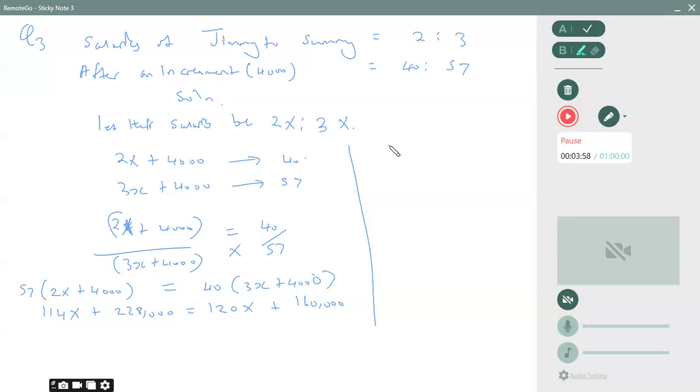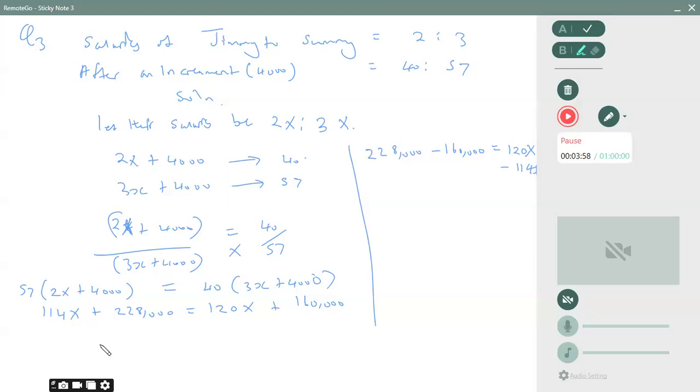So we are going to collect the like terms together. This side where we have 228,000, we bring the 160,000 this side, equaling 120x minus 114x. The x's go to the other side, and then there are the figures.